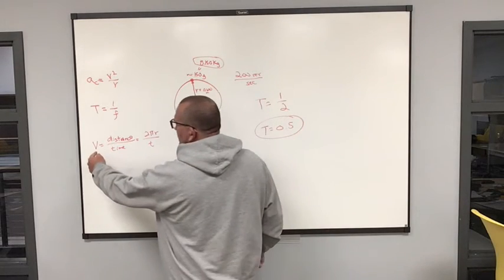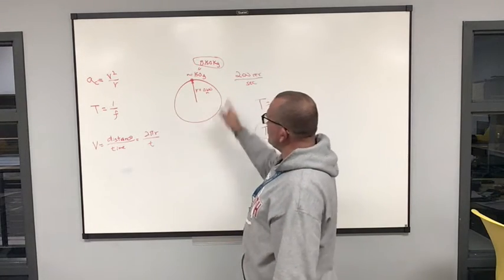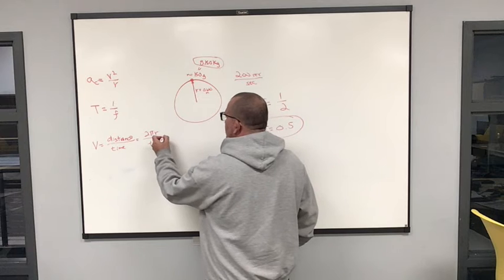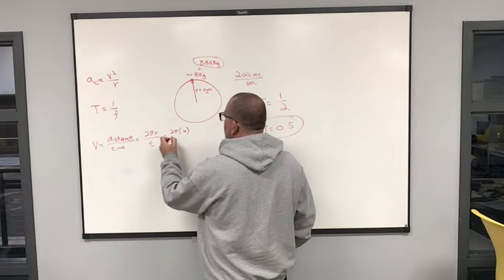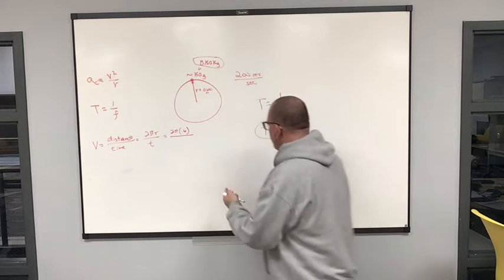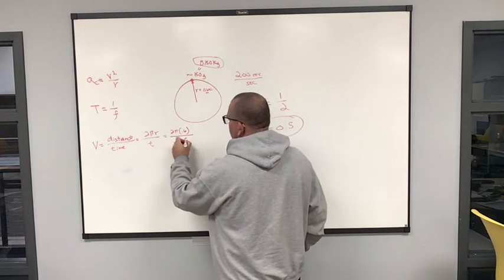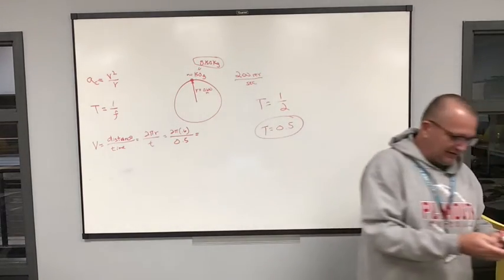Now, velocity is distance over time. My distance around the circle is the circumference, 2 pi r. So if I take 2 pi, multiply it by 0.6, divided by the time of 1 revolution, which is 0.5, that should equal my velocity. So let's test this out and see.